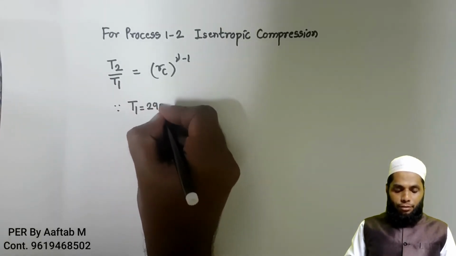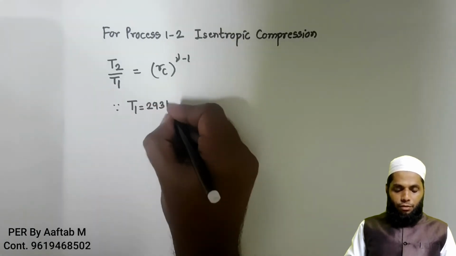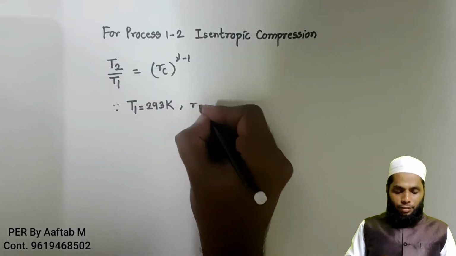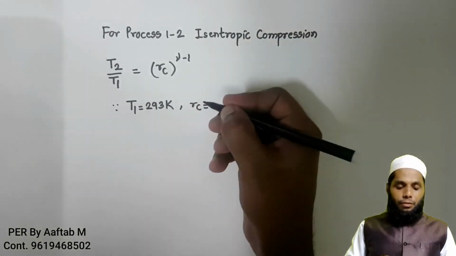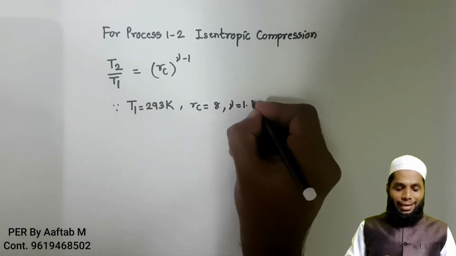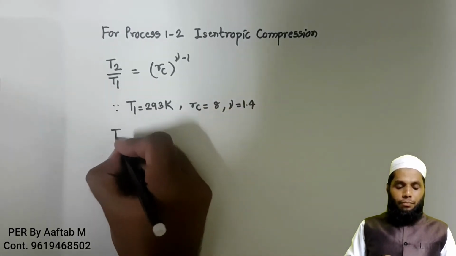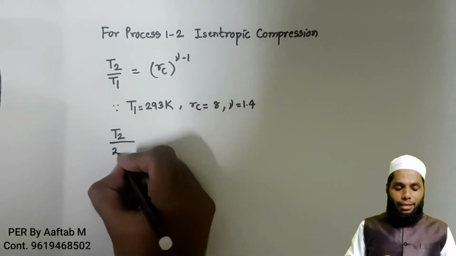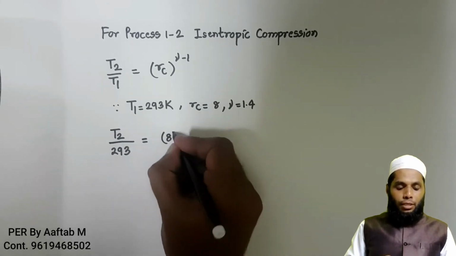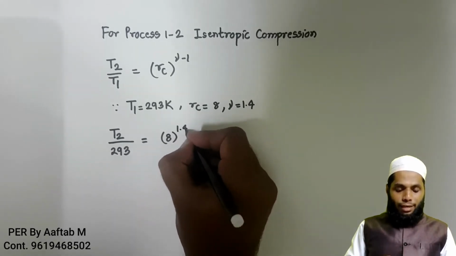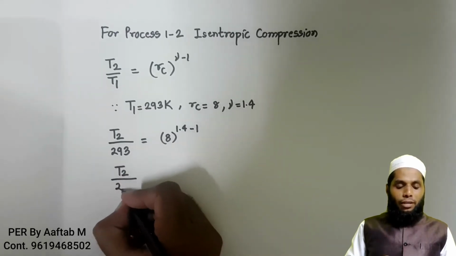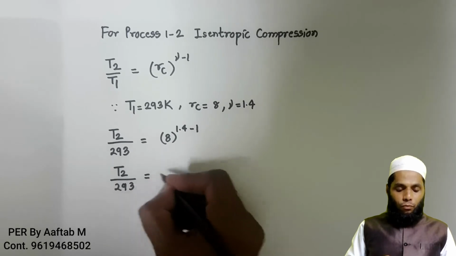Initial temperature, that is the T1 value, we have 293 Kelvin. Then compression ratio RC we have 8, and adiabatic index we have 1.4. So we will substitute: T2 divided by 293 is equal to 8 raised to 1.4 minus 1.